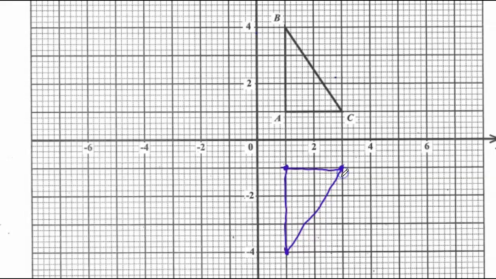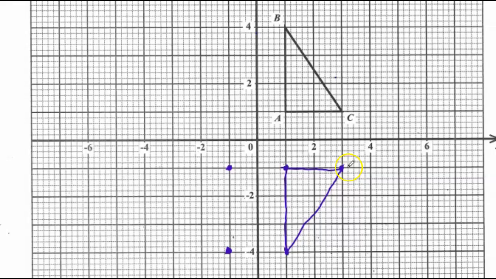And we are told, followed by a reflection in the y-axis. Now the y-axis will behave as a mirror line, which means that the distance of this image point from the y-axis will be the same over here. So this was ABC to the first image. A, this would be A, and then this point, same distance away from the y-axis.